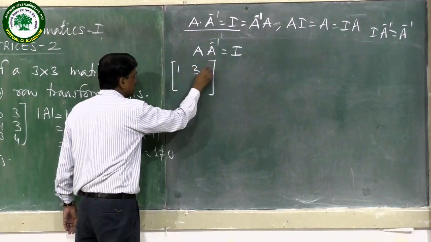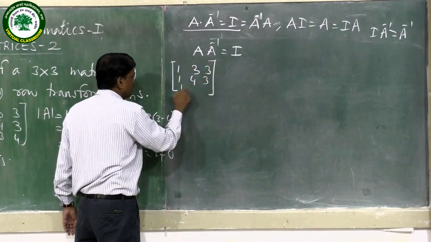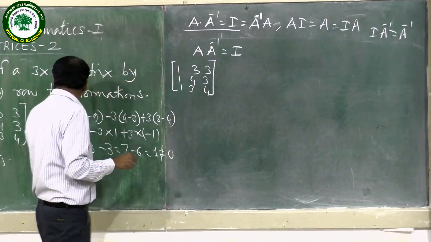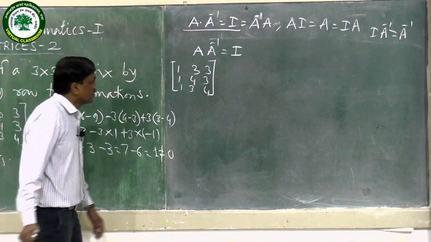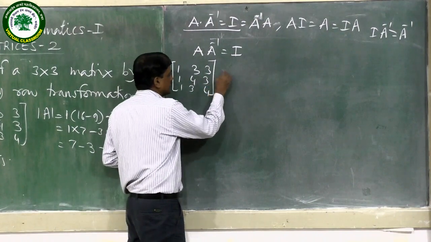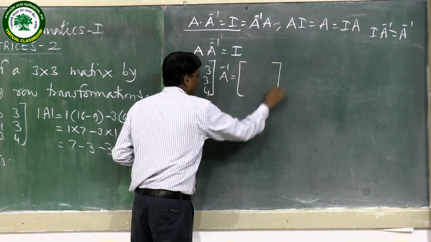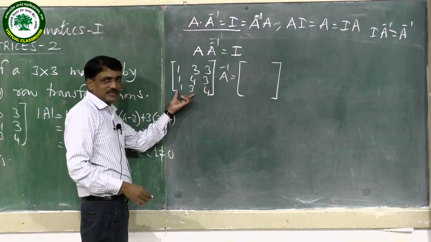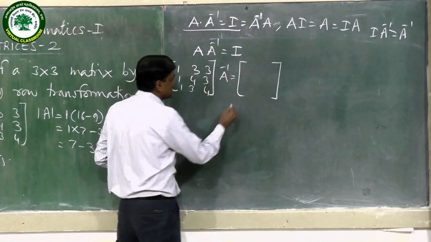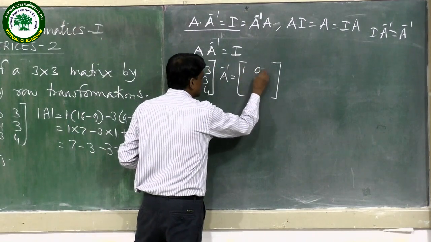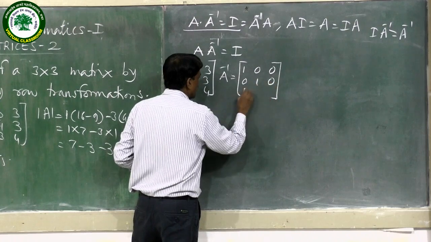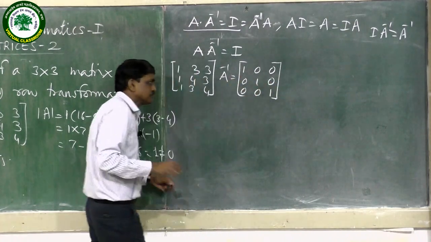A is 1 3 3, 1 4 3, 1 3 4, into A inverse. For this 3 by 3 matrix, the corresponding I is of the same order, 3 by 3. It is 1 0 0, 0 1 0, 0 0 1.